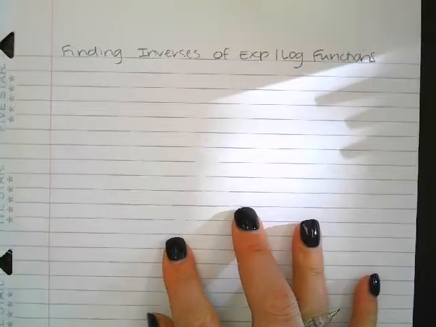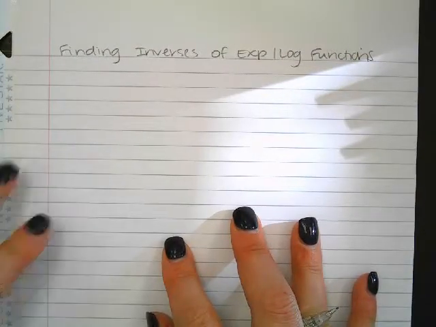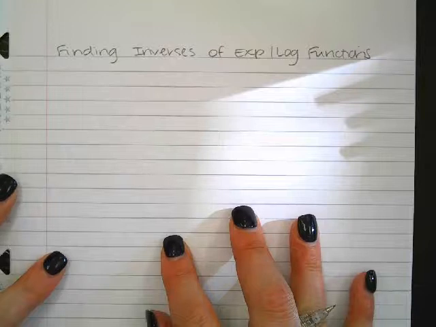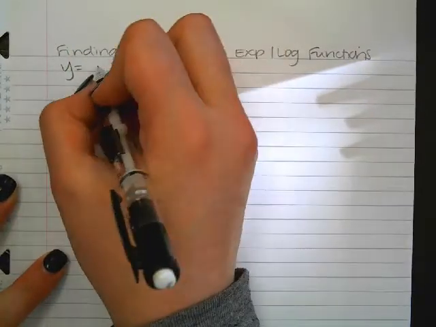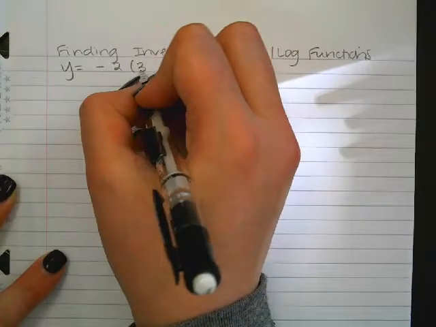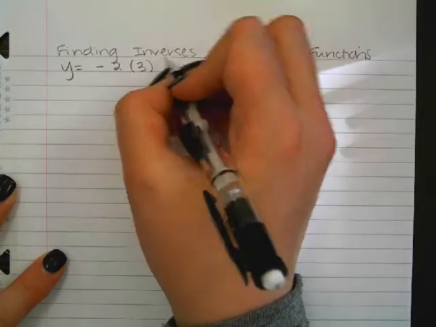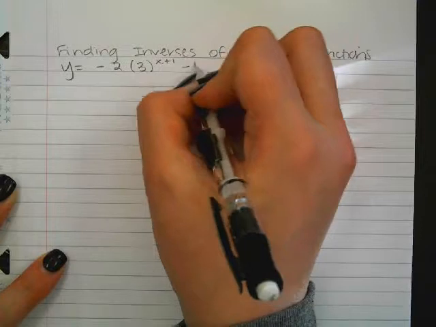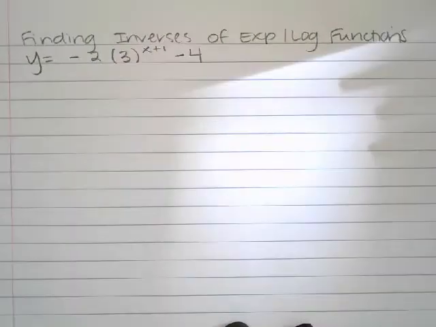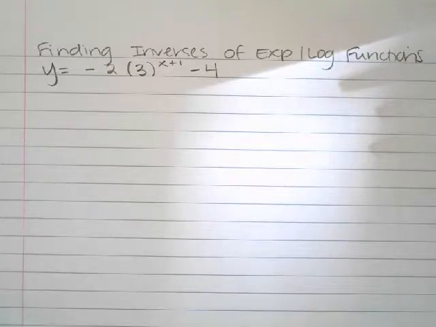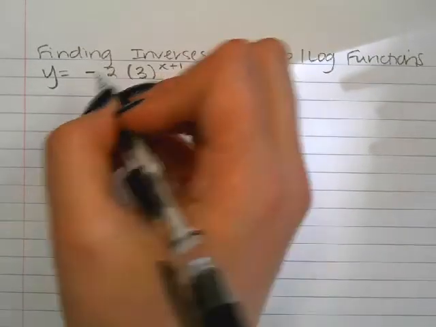So we're going to find inverses of exponential and log functions this time. We'll say we have y equals -2 times 3 to the x plus 1 minus 4. If you recall, when we find inverses, all we have to do is trade the x and the y and then solve for y.